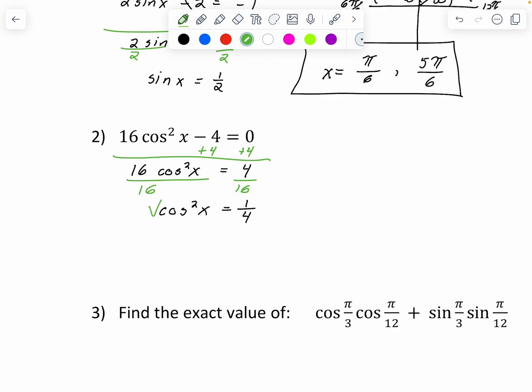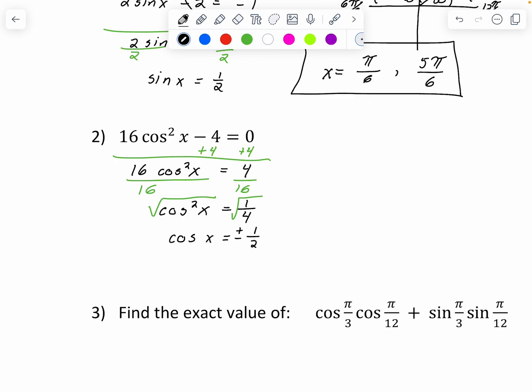So that means I need to square root this, which means I also have to square root the other side as well. So on the left side, that gives me just cosine x. On the right side, if I take the square root of 1/4, well, the square root of 1 is 1, the square root of 4 is 2, but because I took the square root on both sides, I have to include plus or minus in front of my answer.